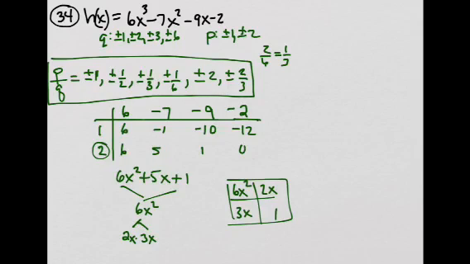The greatest common factor in the first row is 2x, and this would make that one 3x, and then 1 and 1. Okay, and it works. So in factored form, it would be h of x equals x minus 2, and then 2x plus 1, and 3x plus 1.